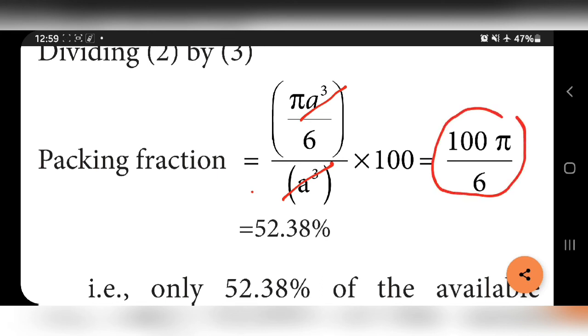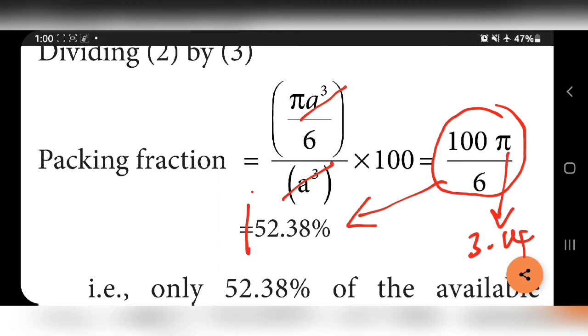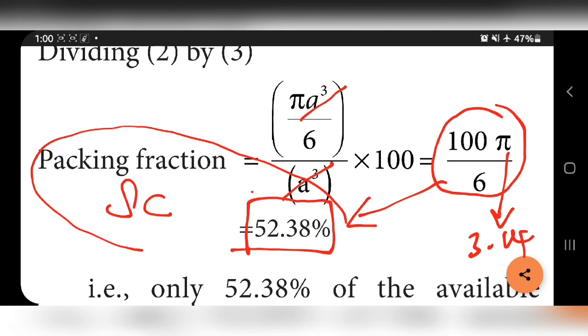If you simplify these values, you will get 52.38 percentage. Already you know the pi value is 3.14, so if you simplify these values you will get 52.38 percentage. That is, the packing fraction of simple cubic is 52.38 percentage.